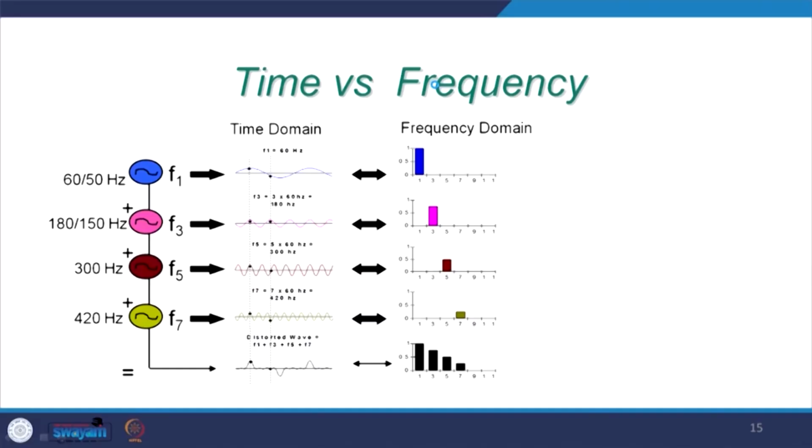So, this is the way you can see it. In the case of a 50 hertz or 60 hertz supply, this is the fundamental, and you will have a frequency like this, and it is 360 degrees.